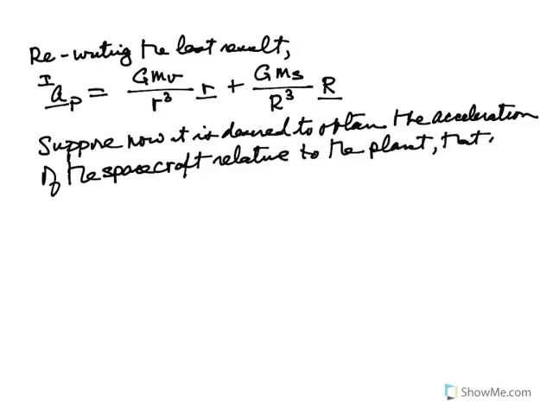That is, the acceleration of the spacecraft relative to the planet, which is equal to the acceleration of the spacecraft minus the acceleration of the planet. Well, if I take that and subtract, I wind up getting the following result.